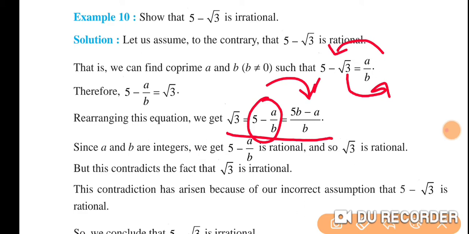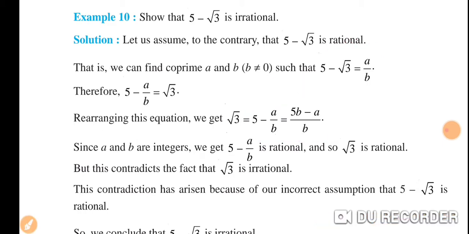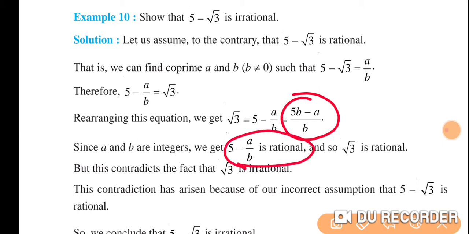Fine? Okay. Now in this particular statement, 5b minus a upon b, all the terms are integers. b and a are integers. Therefore 5b minus a upon b will be a rational number. And hence root 3, this 5 minus a upon b, will be a rational number.